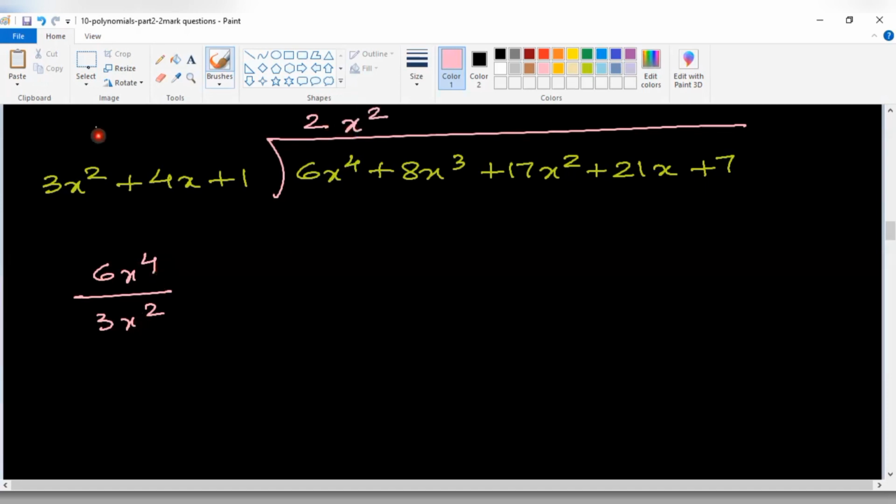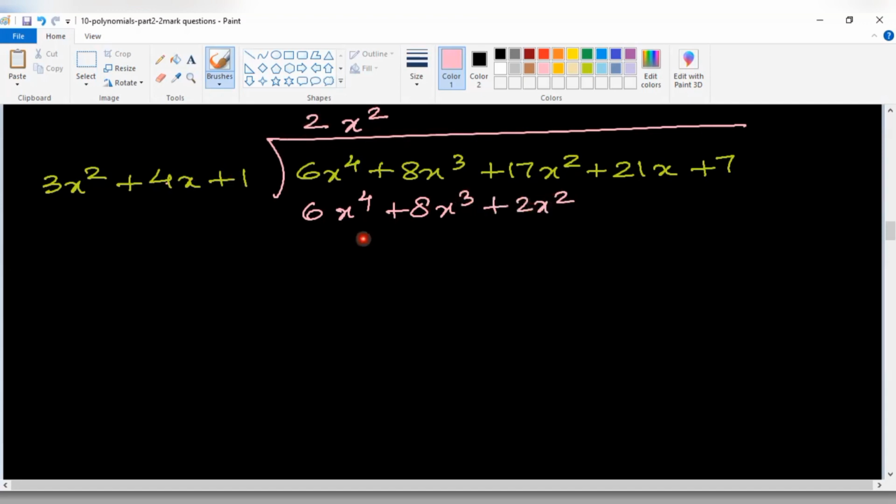Okay, rule of exponent. Then 2x square into this, 2 into 3, 6. x square into x square, x raised to 4. Then 2 into 4, 8. x square into x, x cube. 2x square into 1, that is 2x square.